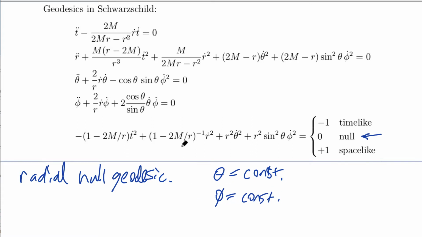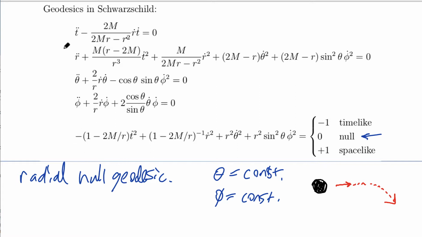Now you might ask, how do we know that the geodesic equations have any solutions with theta and phi equal to a constant? Well, I think it's intuitively obvious that photons can travel along radial directions, but the argument would be, by symmetry, if we start a photon moving in the radial direction, there's nothing in the space-time that would cause it to curve. Or said another way, if it were to curve in one direction, why doesn't it curve in another direction? So there needs to be some sort of asymmetry in the space-time to cause the photon to deviate away from that radial direction.